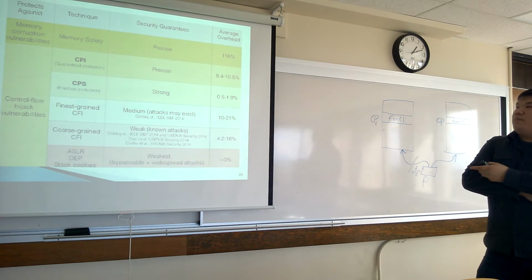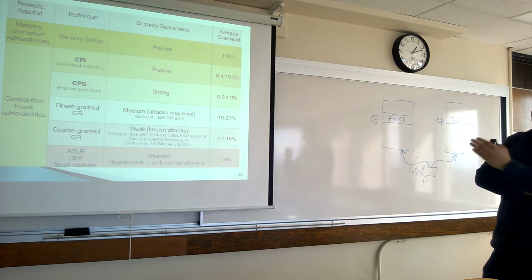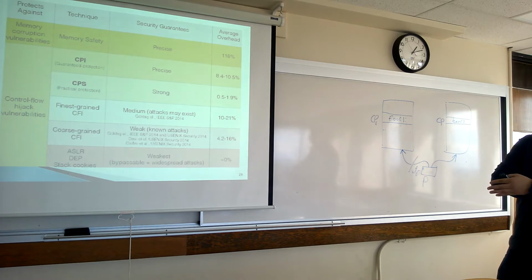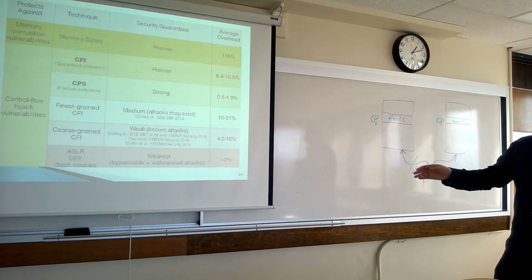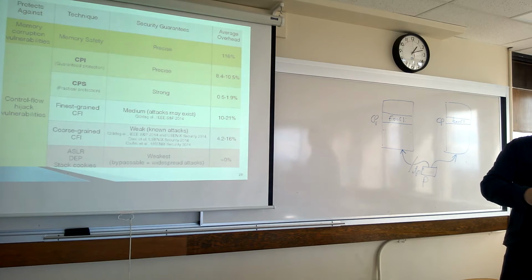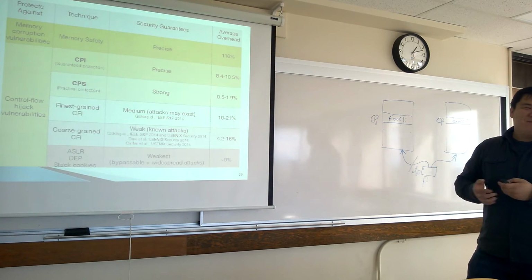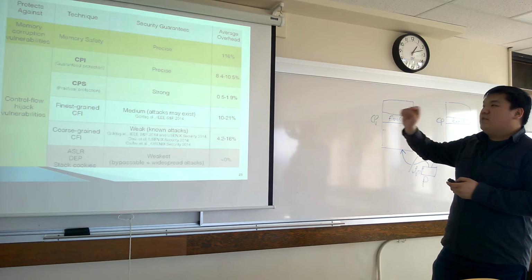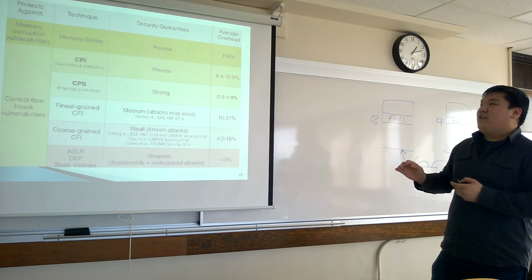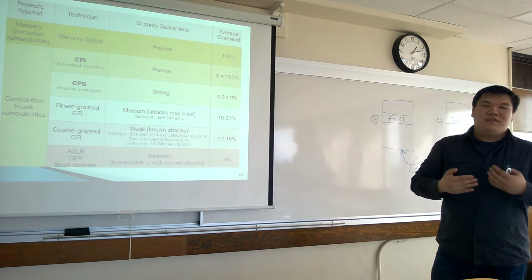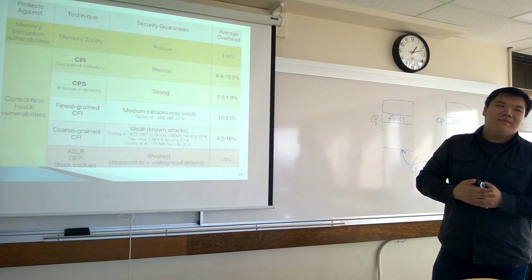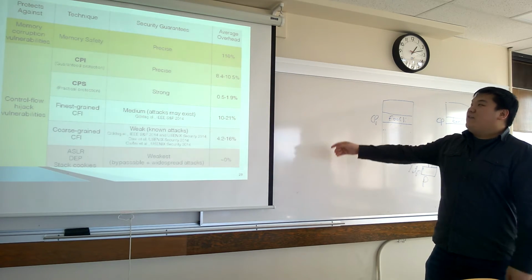Then they talked about, in this next table, how secure each of these techniques is, and the average overhead. And there were some questions about this later on, during their presentation, about their overhead numbers. Basically, you can see for memory safety the security guarantees are precise, so it's impossible to do this one specific attack of memory hijacking.